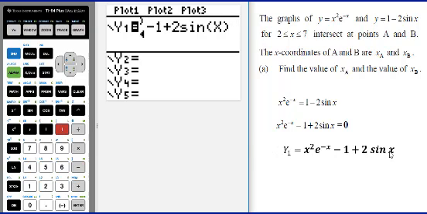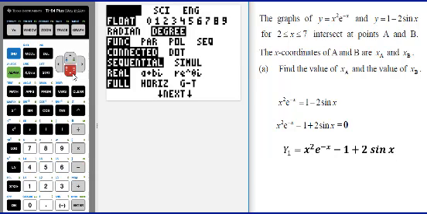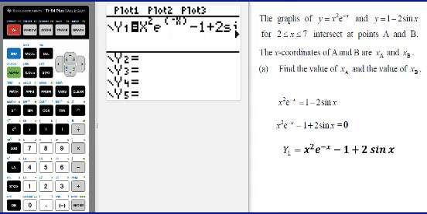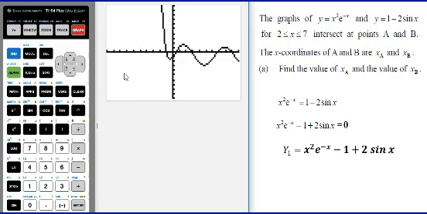For this sine x, this x must be radian. Therefore, go to mode, change degree into radian. After you put into this y1, we do the graph.